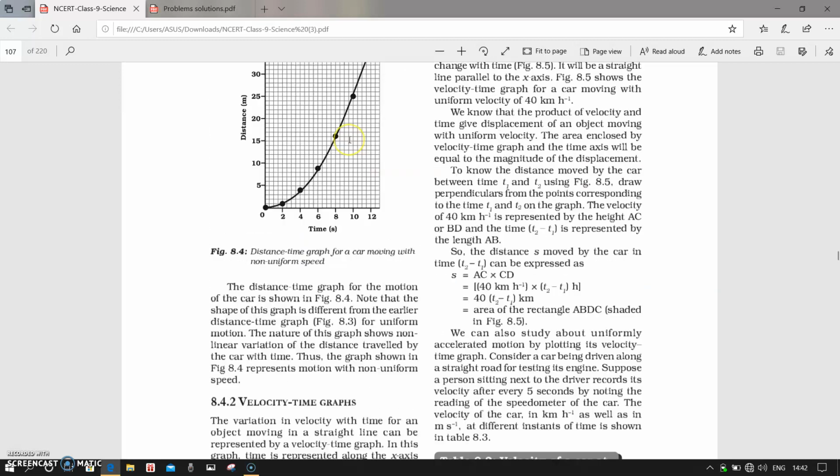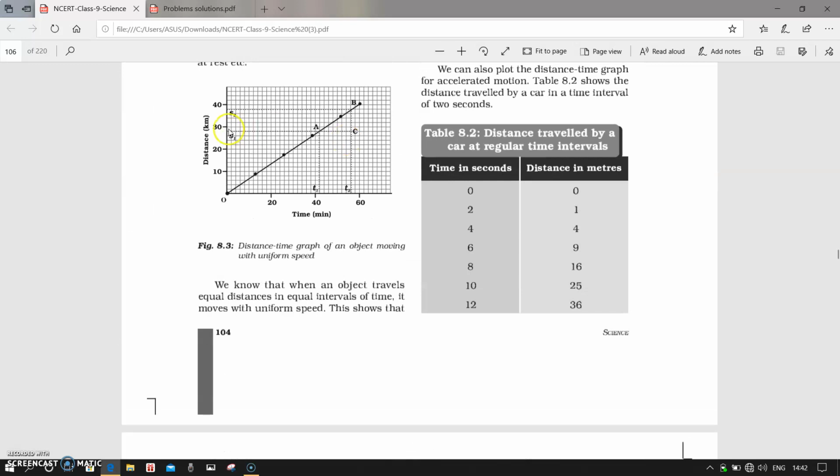Rest you can see in the distance time graph. If a graph is parallel to the time axis in a distance time graph, then the body is at the same distance for a long time. What is the meaning of that? It means you are 10 kilometers away from me for 10 minutes.